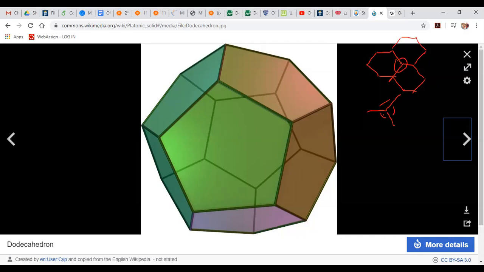So that's why there are exactly 5 Platonic solids: the tetrahedron, the octahedron, the icosahedron. Those are the 3 you can form with triangles. The cube, that's the one you can form with squares. And then you have the dodecahedron, which is the only one you can form with pentagons. And that's it.